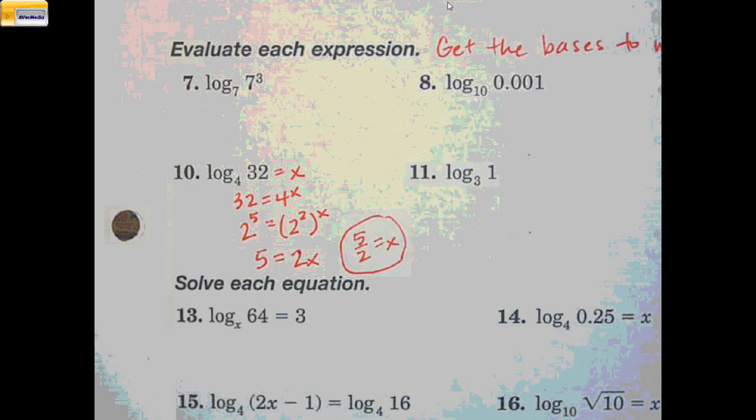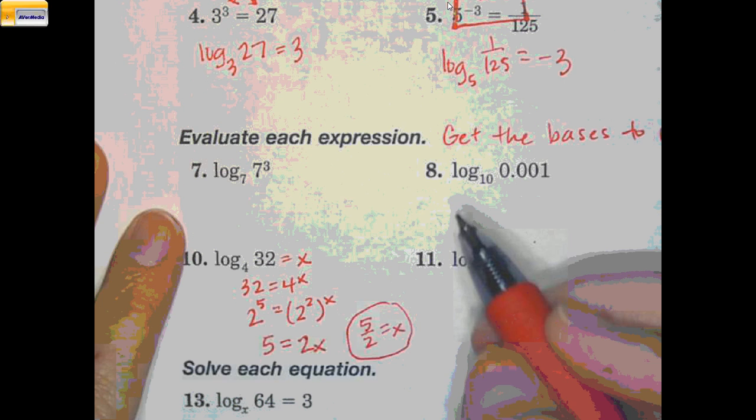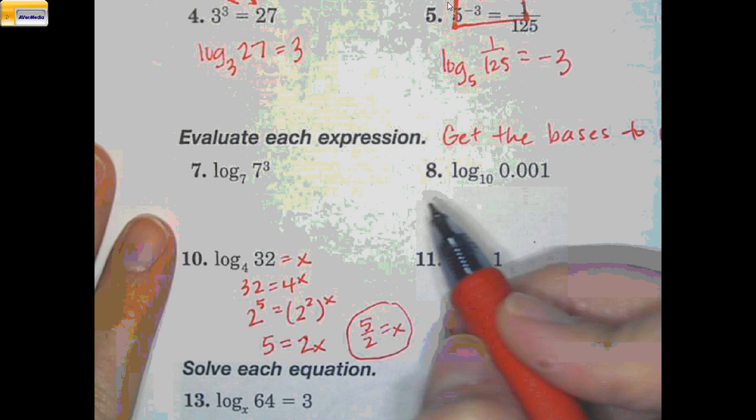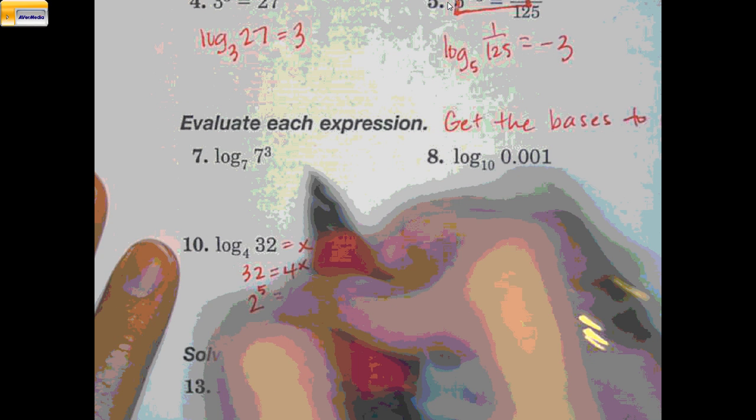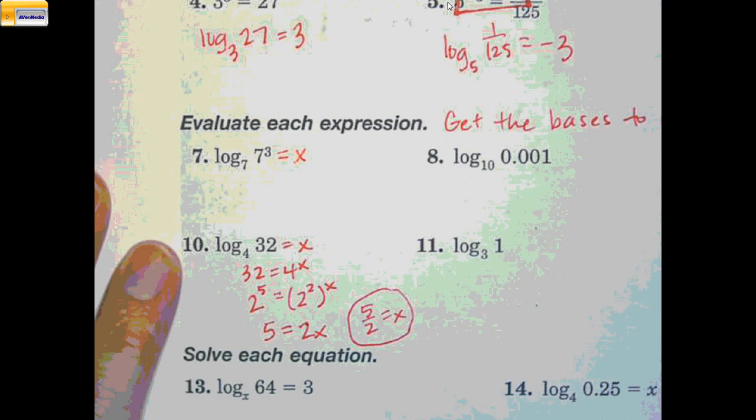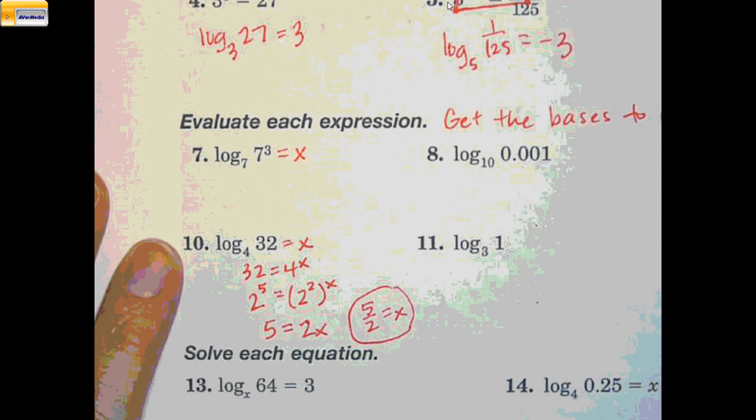I want to show you a couple special cases. Let's go to number 7. We're going to work it out the long way, and then you're going to see the law. If we say equals x, turn it into an exponential equation.